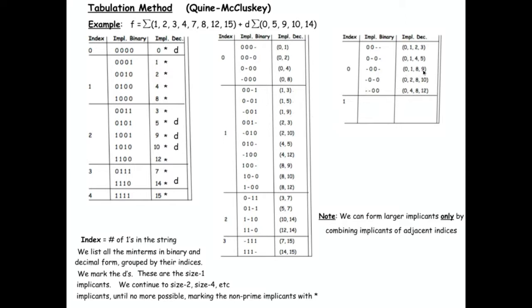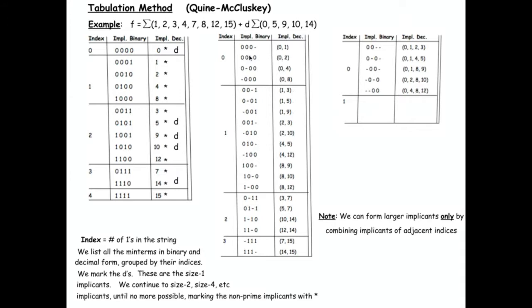And so we have 3 implicants where it's 0, 1 adjacent to something. Then for 0, 2, the only one that it's going to be adjacent to is 8 and 10. So 0, 2 has 0, 0, dash 0. Here we have 1, 0, dash 0, so just the leftmost bit. Well, it's also adjacent to 1 and 3, but that's already covered. Which one is adjacent to 1 and 3? 0 and 2.